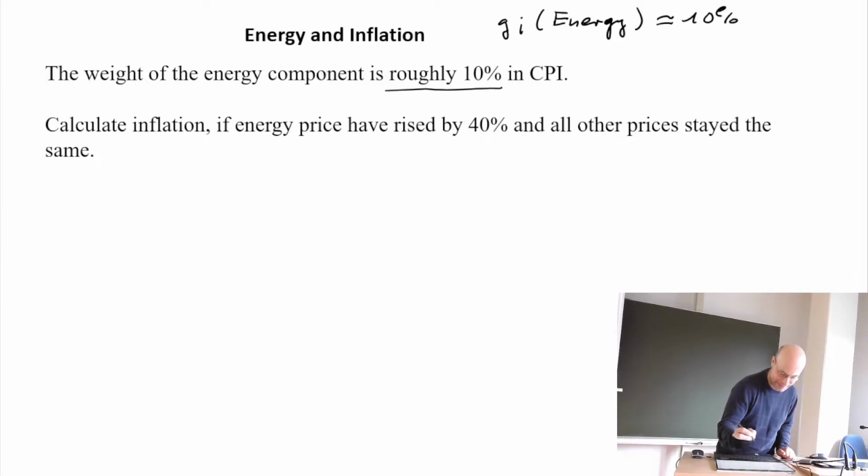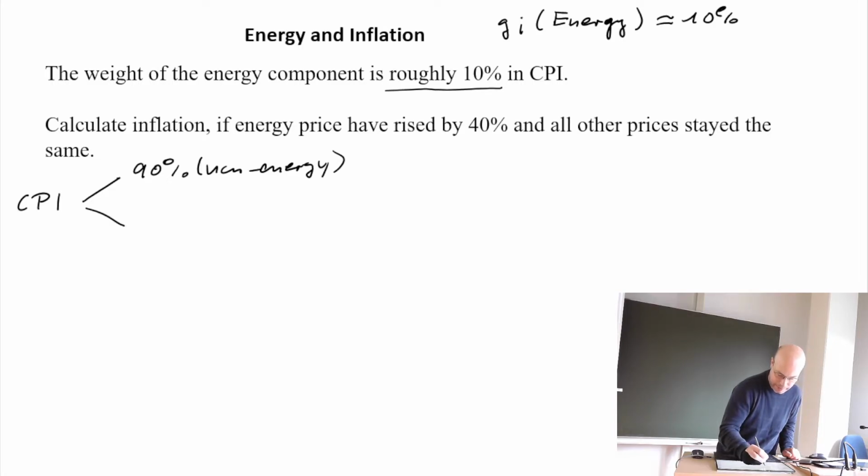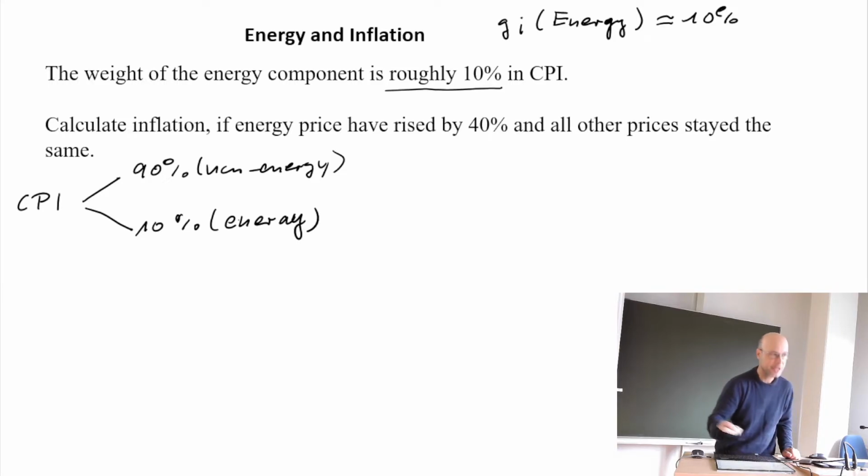Then let's do it a bit slower. So let's take at first, how do we calculate the index? So CPI, there we have 90% non-energy and we have 10% energy.